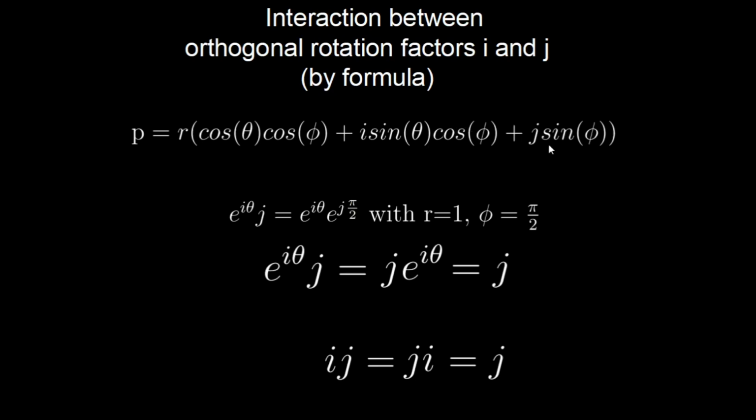Sine half pi is 1. The resultant P is J. That is, we have this identity. This identity for Ij is the special case of the above identity.